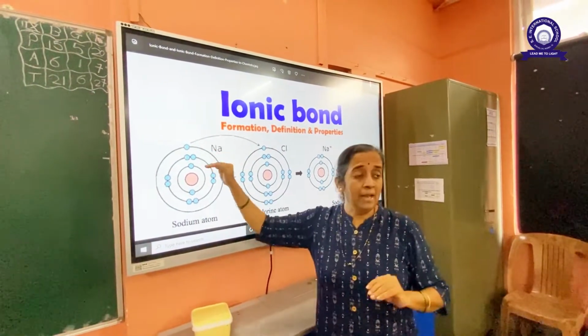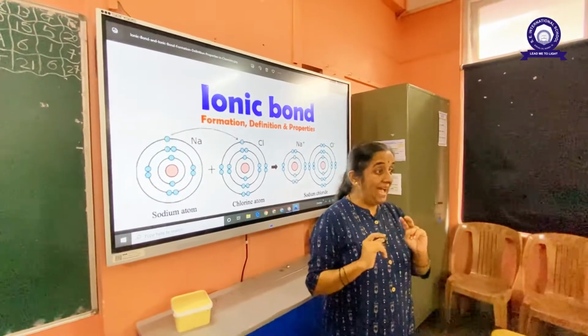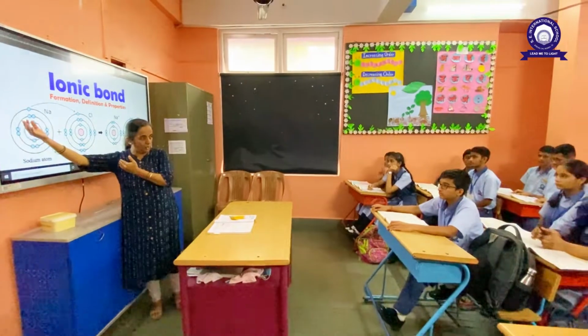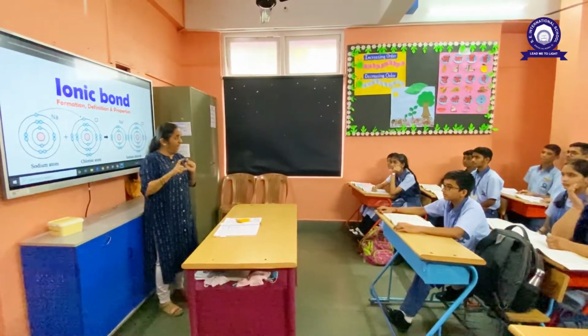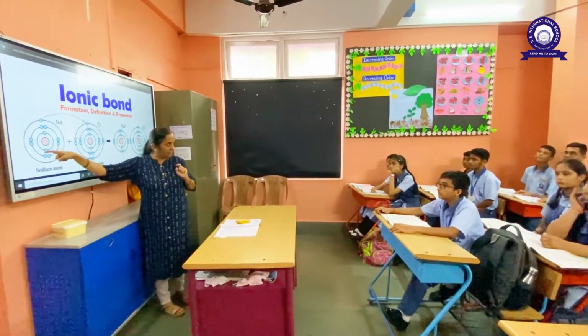So that's why valence electron is also 1. Now, there are two chances to obtain its octet state. Either this sodium atom will lose 1 electron or gain 7 electrons. If it loses 1 electron, then there are 8 electrons in its outermost shell.